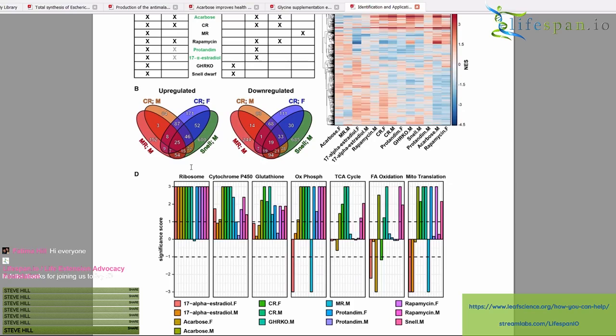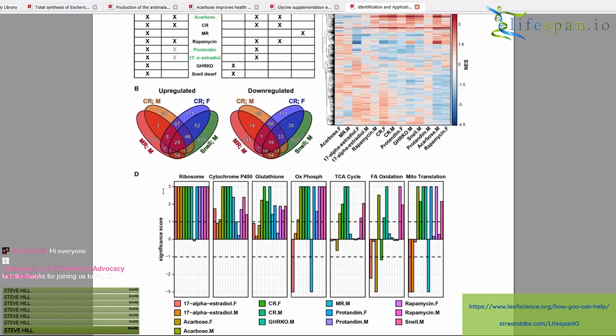The same can be seen at the level of functional enrichment. If we perform gene set enrichment analysis, then we obtain panel D, and we see that, for example, genes corresponding to ribosome proteins are upregulated across almost all interventions. Here, each bar demonstrates individual interventions and also individual sex.